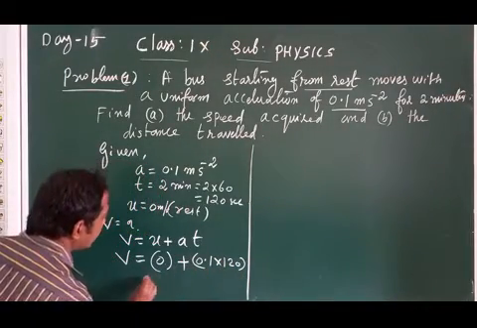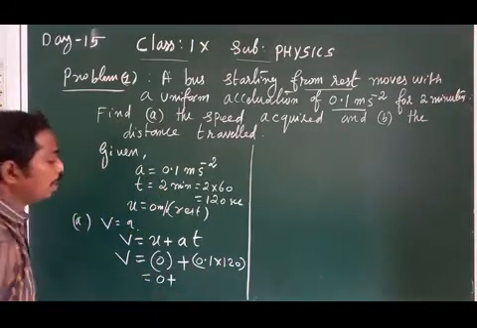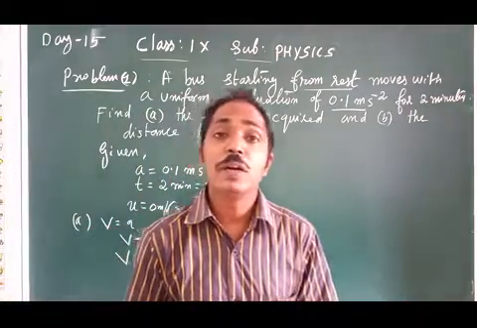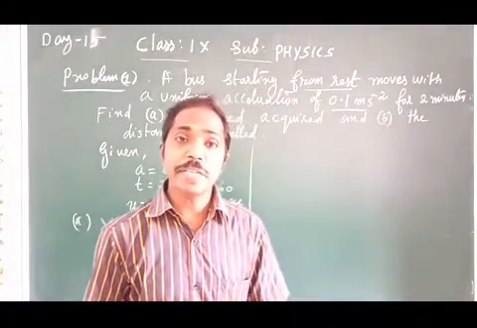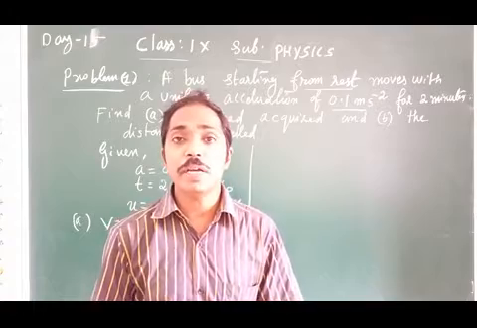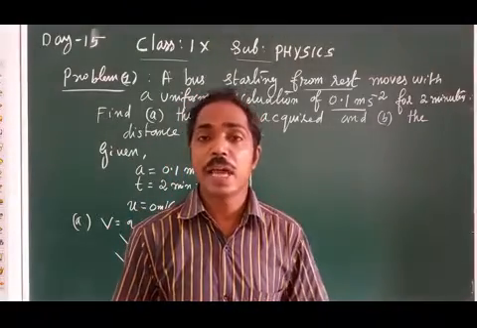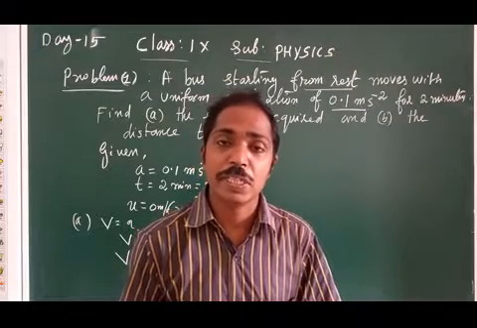So you will get 0 plus 120 into 0.1. 0.1 means 1 by 10. So 1 by 10 into 120, the zero will be cancelled because one is in the numerator and the other in the denominator.